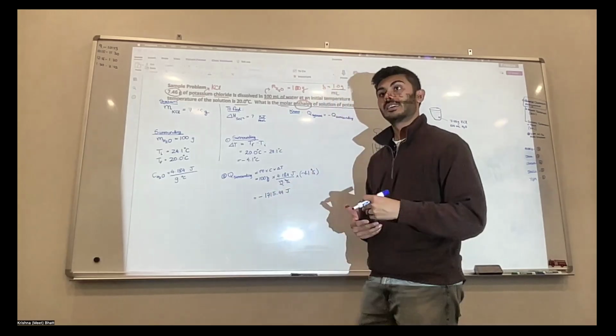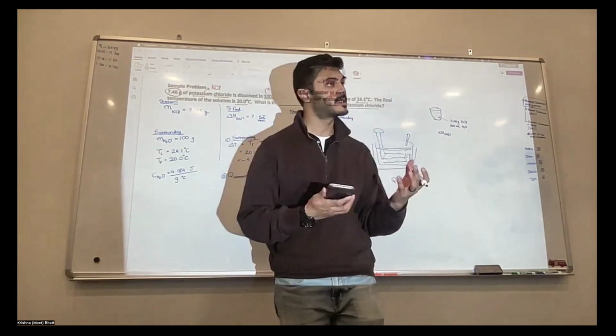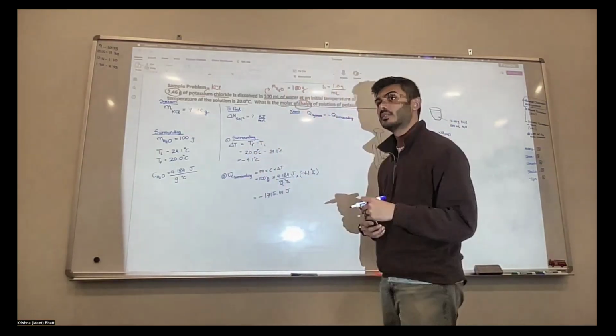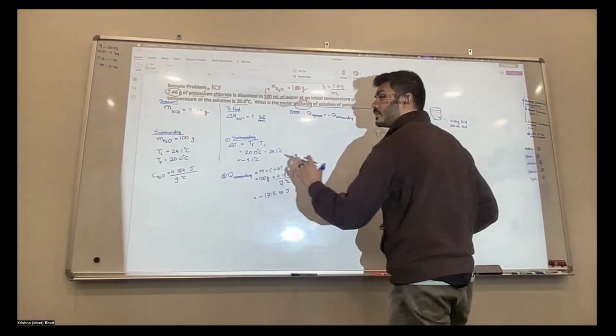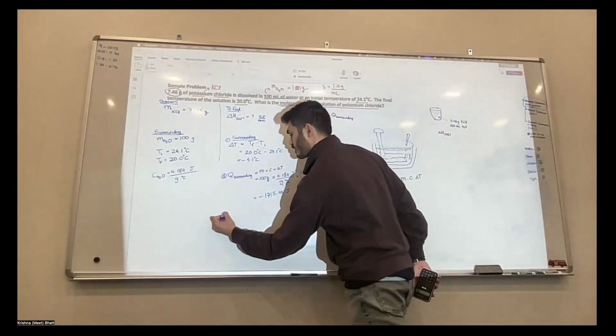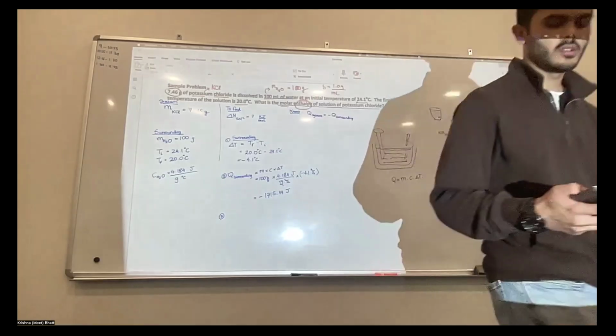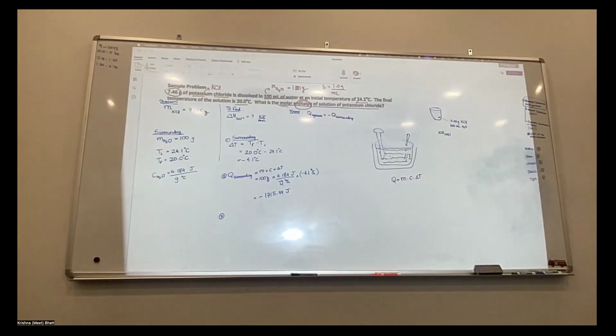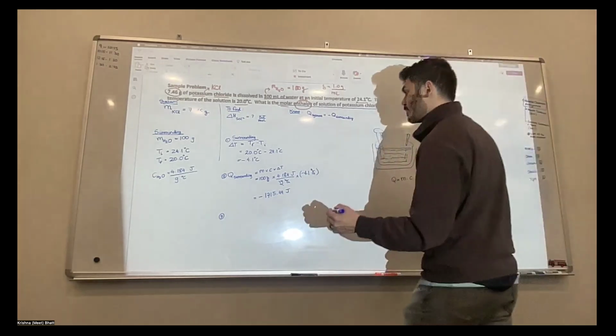So this is the heat of the surrounding, correct? What does that mean? How can I use that information? Then we can know Q system. Yes, we can know the Q system over here. Q system should be equal to what?